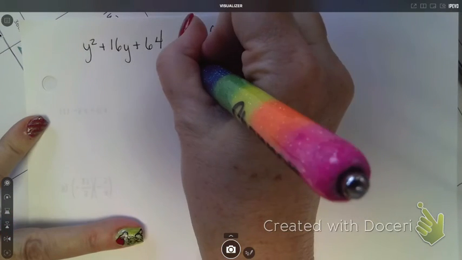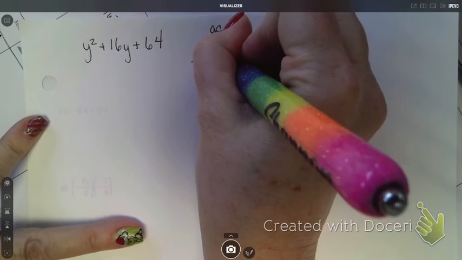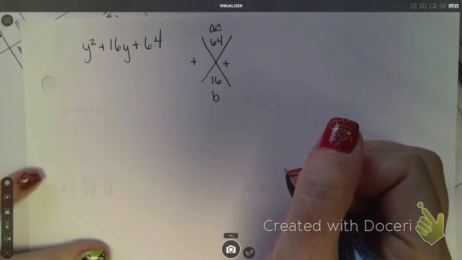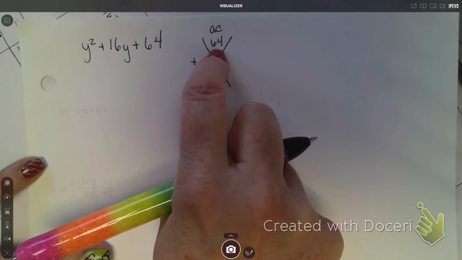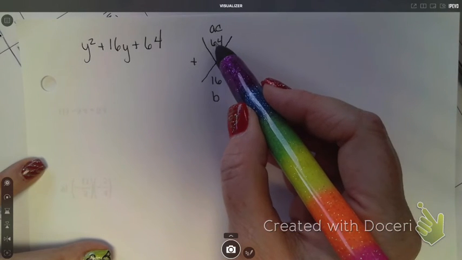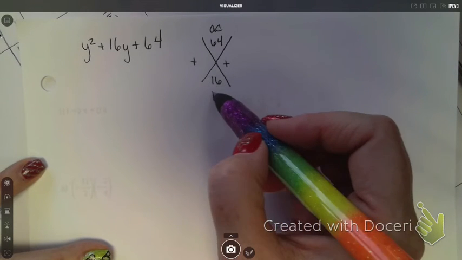Positive, because they're both addition. Henry, this might help: up here is positive, so they're both going to be whatever sign this is.